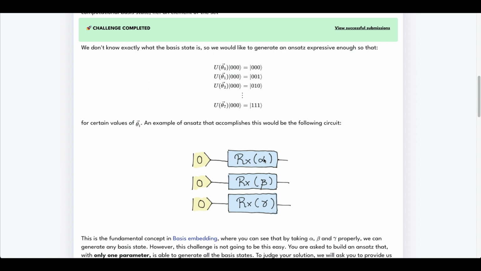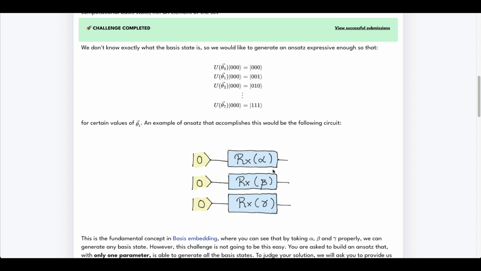So replacing these 3 gates with something else that allows us to pass just 1 value here, alpha, let's say. So we wouldn't have beta and gamma. We will have just alpha everywhere in our model.